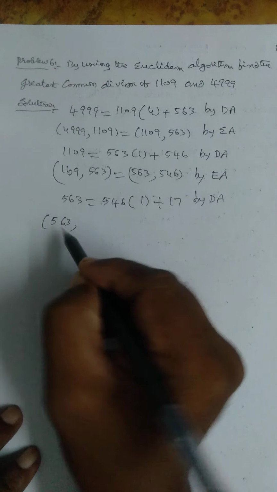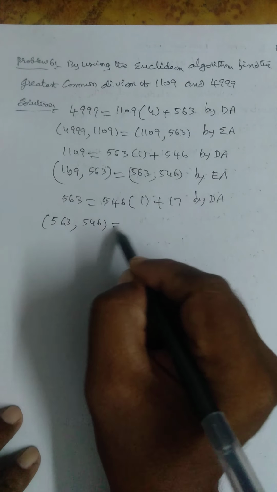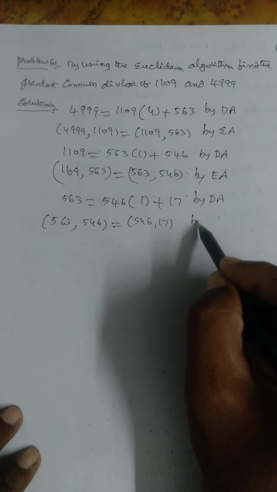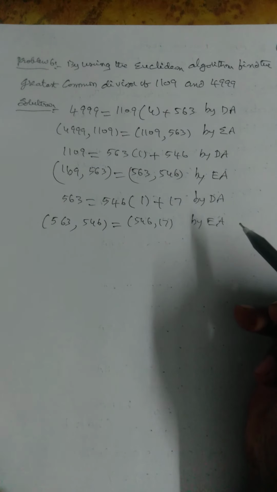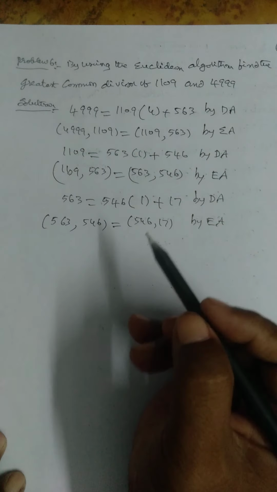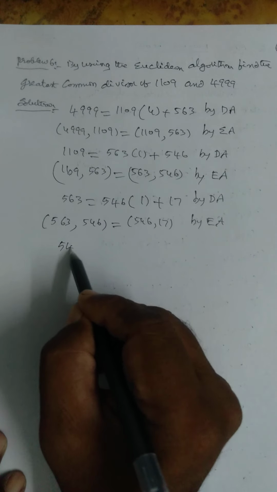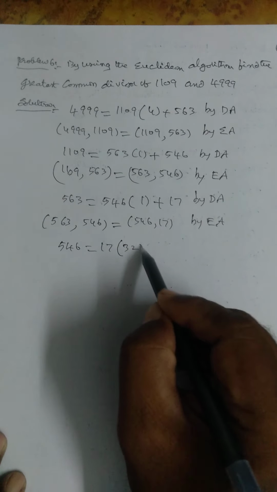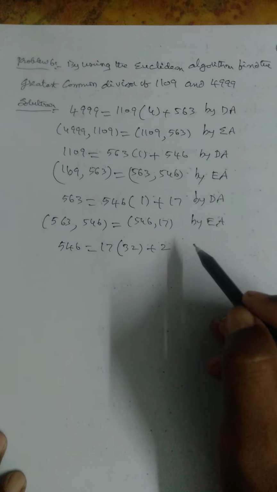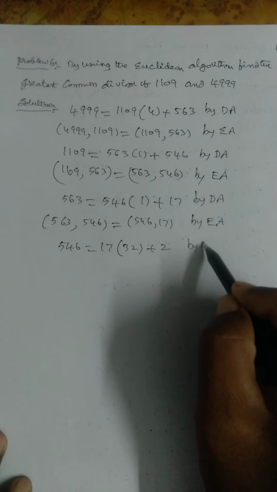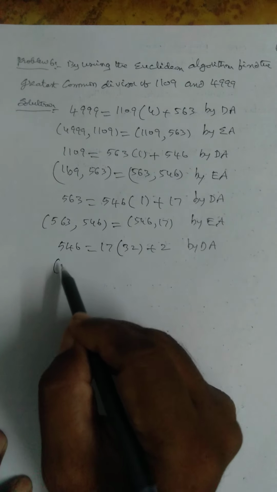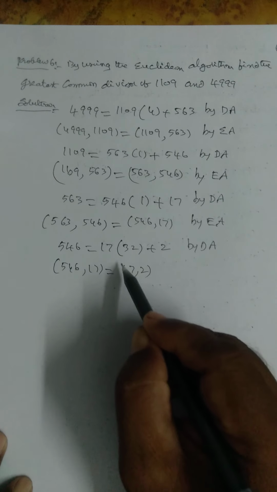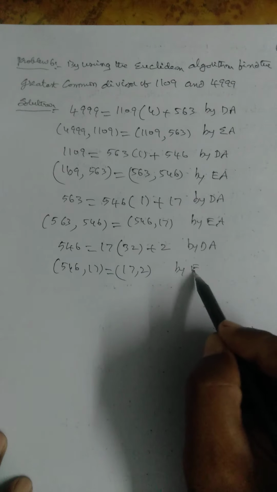GCD of 1109 comma 563 is nothing but GCD of 563 comma 546 by the Euclidean algorithm. Now you write 563 is equal to 546 into 1 time plus remainder 17 by division algorithm. GCD of 563 comma 546 is equal to 546 comma 17. Now you write 546 is equal to 17 into how many times? 32 times plus 2 by division algorithm. 546 comma 17 is equal to 17 comma 2.